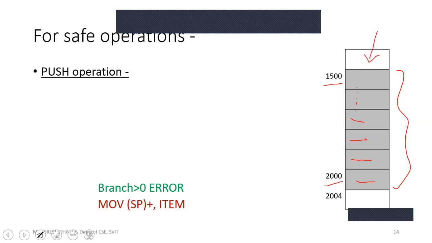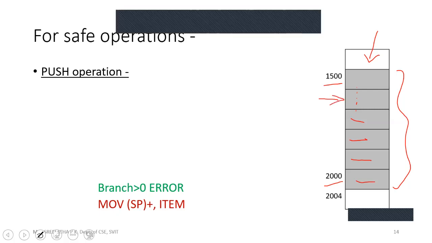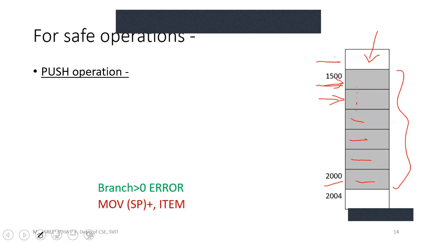For the push operation, I should check whether the stack pointer is present in this particular range. If SP is pointing to somewhere outside this range, then it is out of range and data cannot be added to the stack. That means the stack is full.